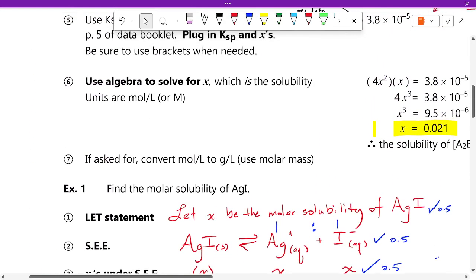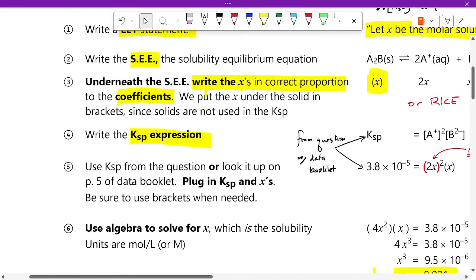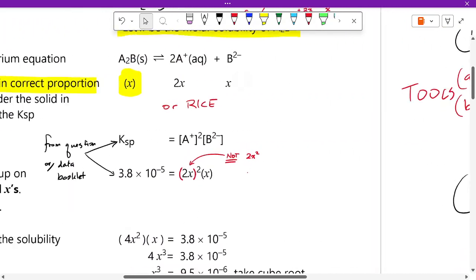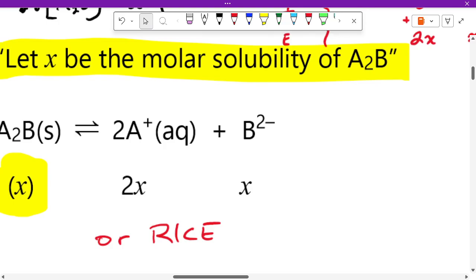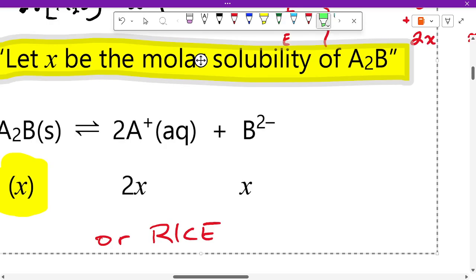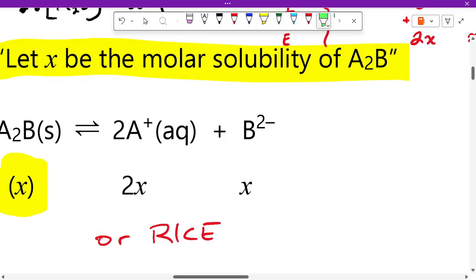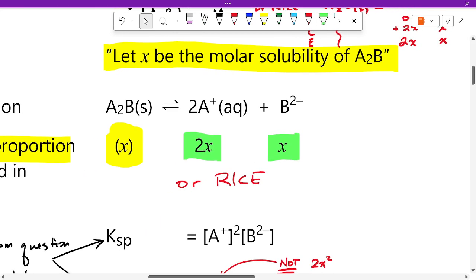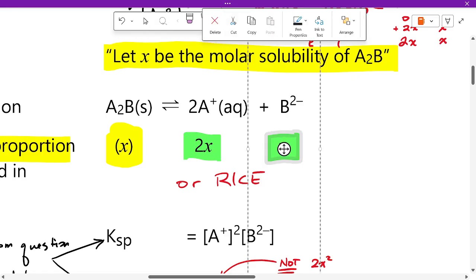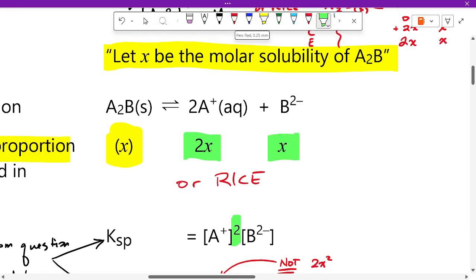Anytime you have an AB2 or A2B salt, you're always going to have a 2x, yes? And an x. What are you going to do with that 2x? The 2x is going to get squared, and the x is not going to get squared, yes?